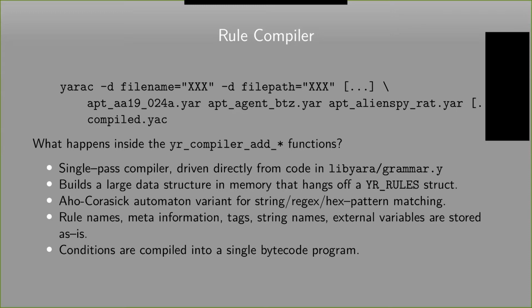Within the YARA compiler, what actually gets called a lot is this yr_compiler_add_file function. Behind the scenes, there is a parser that's driven from a proper grammar, and it builds basically a large data structure.